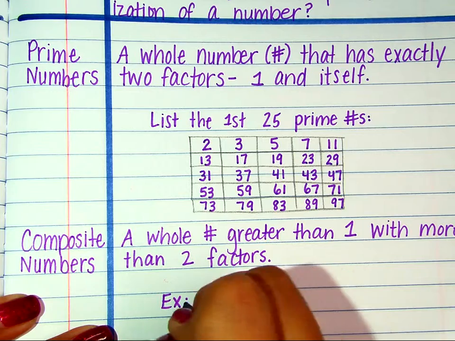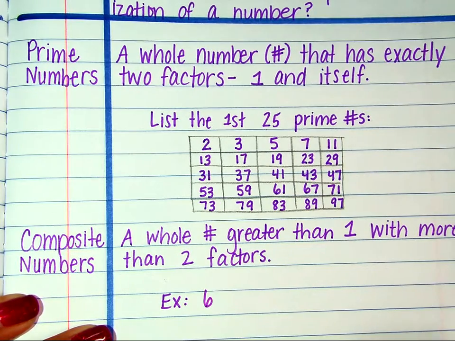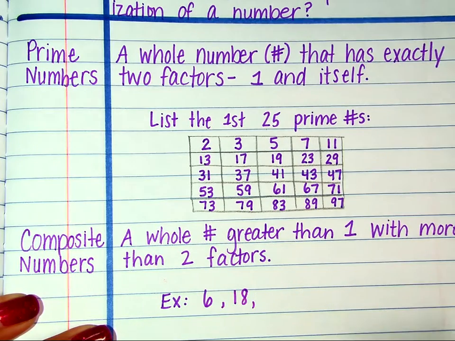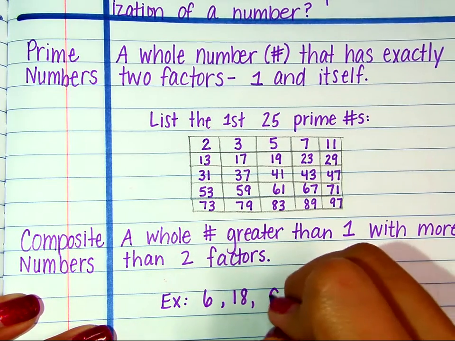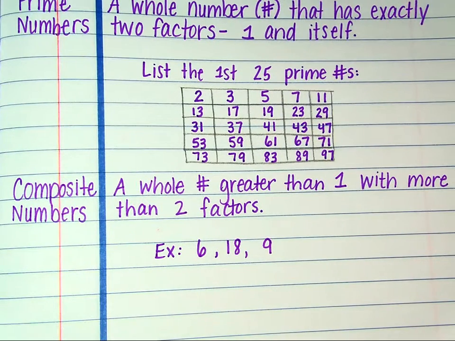So let me give you examples of composite numbers: 6, 18, 9. These numbers can be broken down into more than 2 factors.